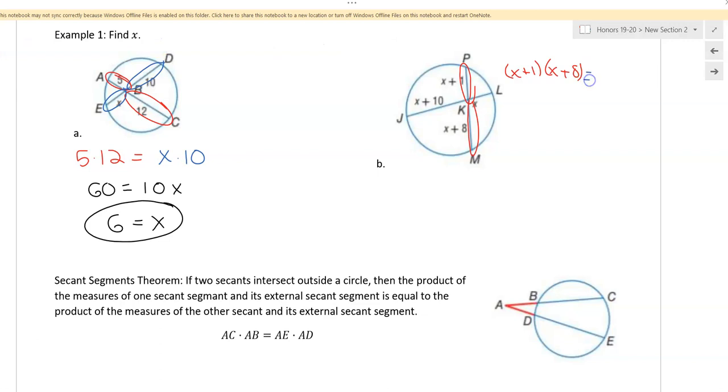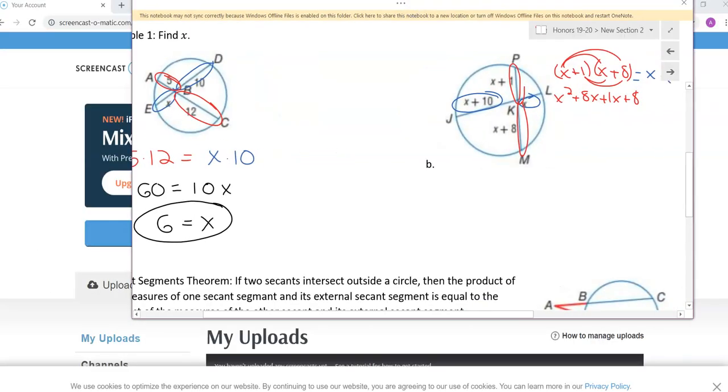And that's going to equal this piece times this piece, x times x plus 10. So in this one we have to double distribute, right? Same type of thing we did before. So I have x squared plus 8x plus 1x plus 8.